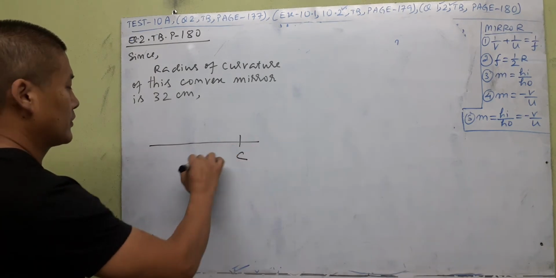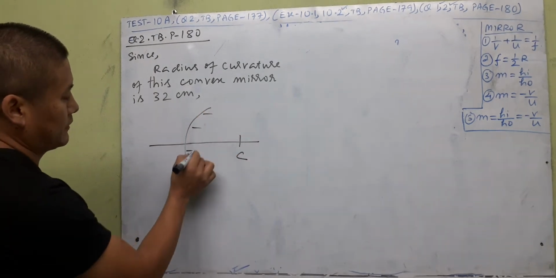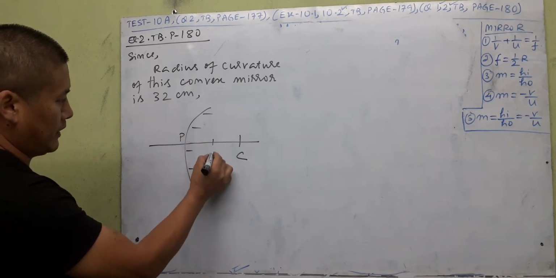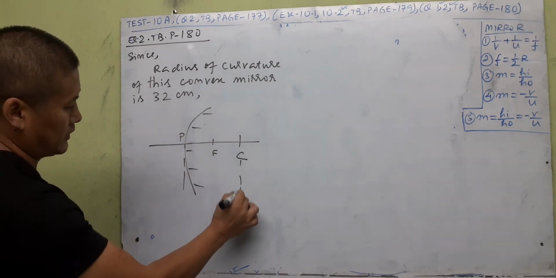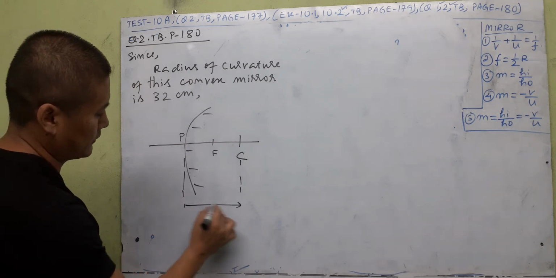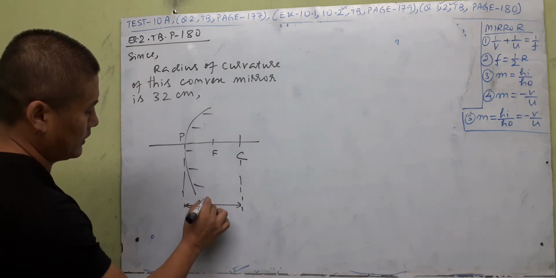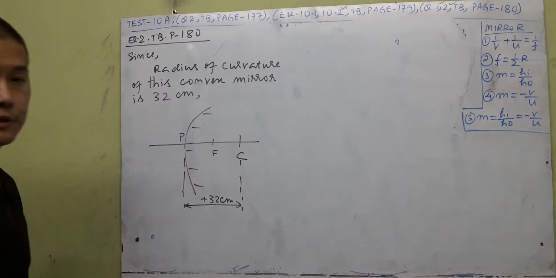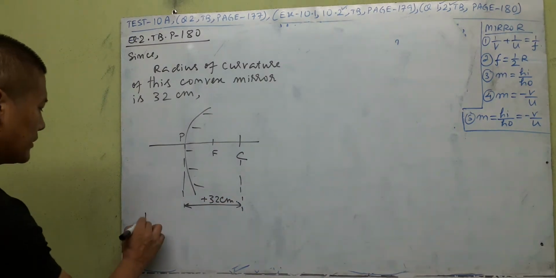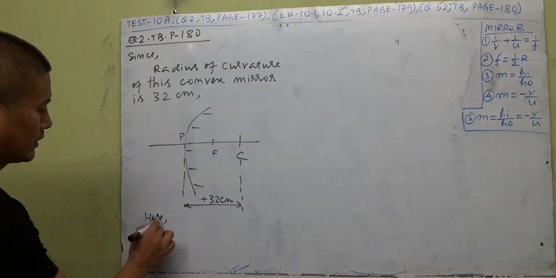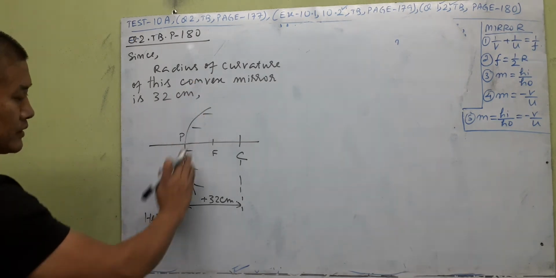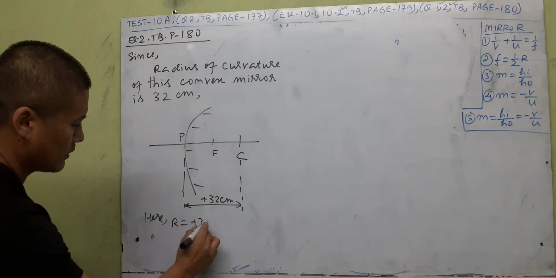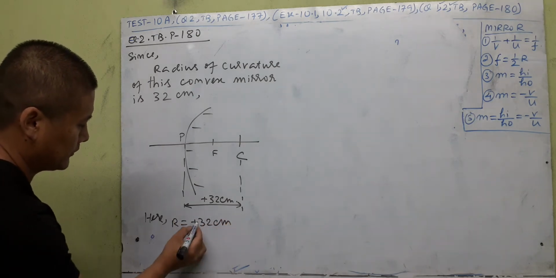Mirror convex, reflecting surface must face left, so like this. So this is our P, halfway F, and we know the question is saying radius of curvature means distance between C and P is 32 on the right side, so plus 32 centimeter, right? So you write here very clearly from our information, convex means R is on the right side, so R will be plus 32 centimeter.